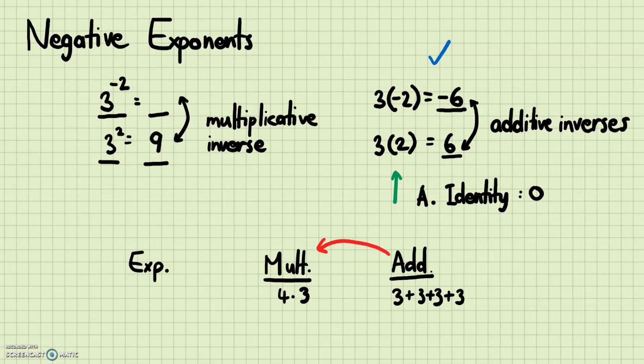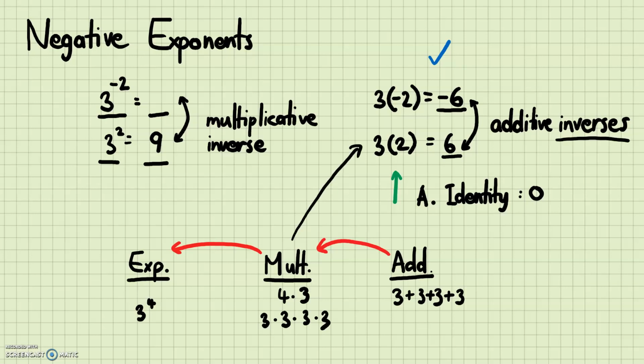And the same thing is true for exponents and multiplication. When you have lots of multiplication together, you can use exponent to simplify that. So exponents are now a step above multiplication. So when you did multiplication here, you got the additive inverse.